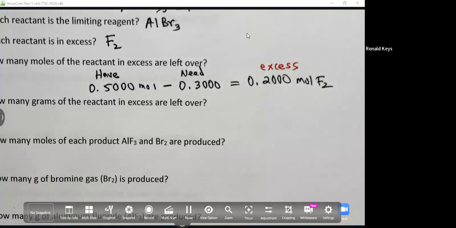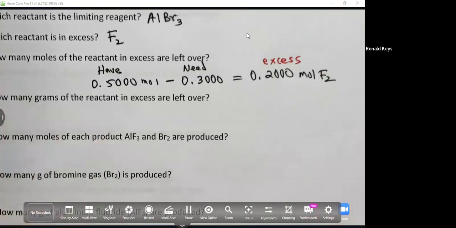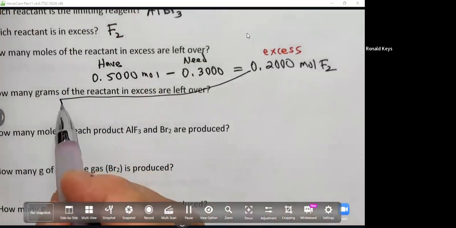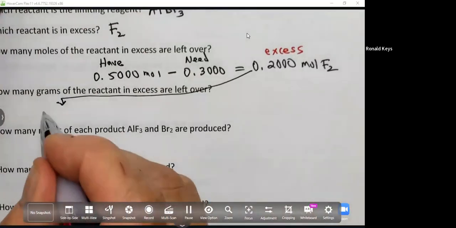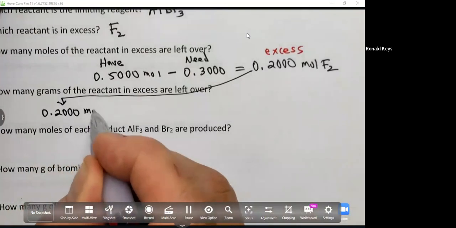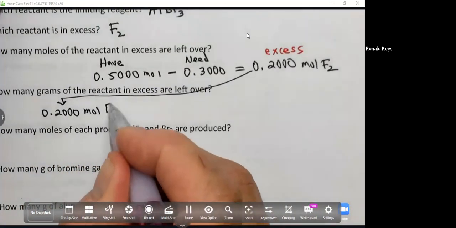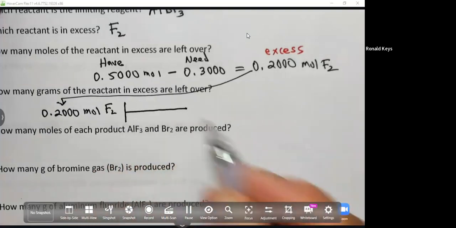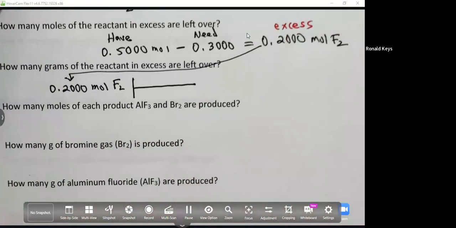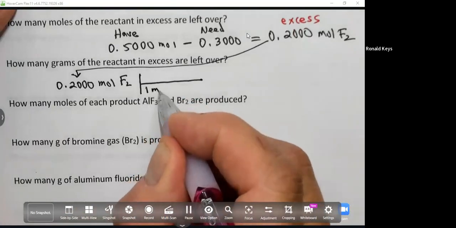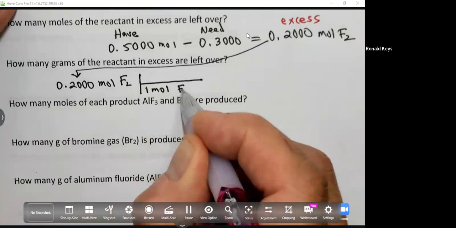Well, how many grams of the reactant in excess are left over? 0.2 moles. And we've got this number up above, 1 mole of fluorine.